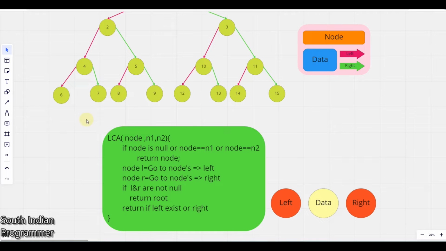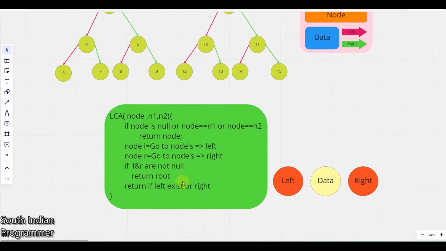In the reverse case, where n2 is there but n1 is not, you just return whatever is not null. If both are null, you would have to check that condition, but this problem guarantees that at least one node will be there, and many times both of the nodes will be there.